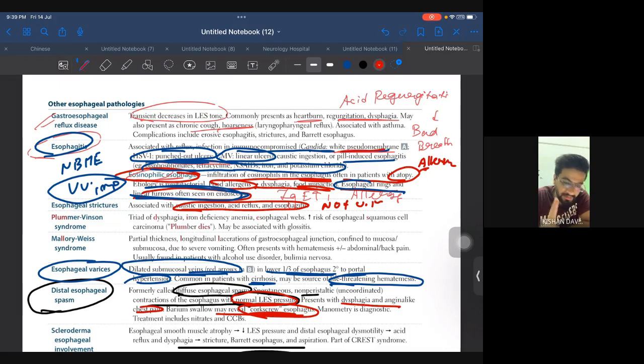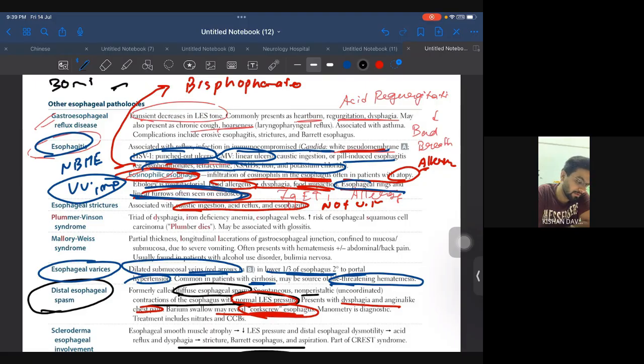White pseudomembrane is Candida, punched-out ulcers HSV1, linear ulcers CMV. Among the drugs mentioned, bisphosphonate is very important. While studying the pharmacology of bisphosphonate, we learned that after you consume it, you should not lie down for 30 minutes. So make sure you know that.